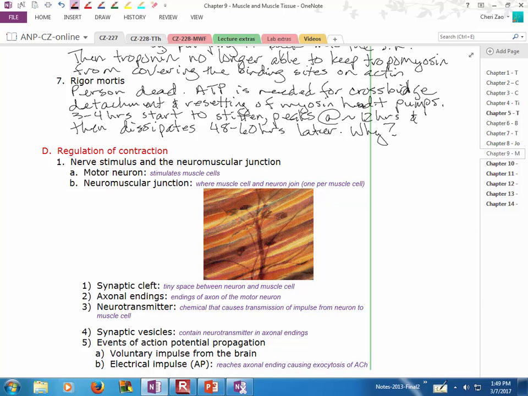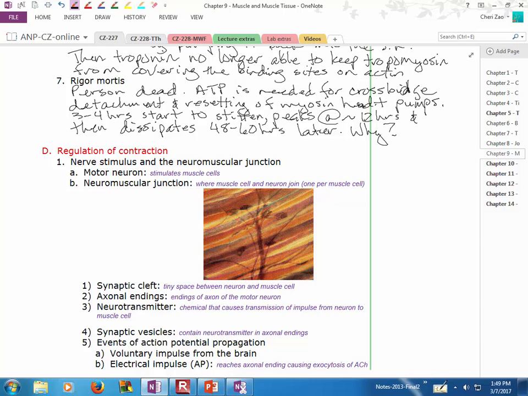And I say we've had a power stroke, because in order to have more power strokes, what do we need to have? ATP. But we already know we're out of ATP, correct? And so that's why you're stiff. Yes, you're locked in place, literally.